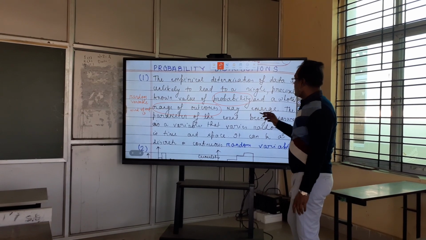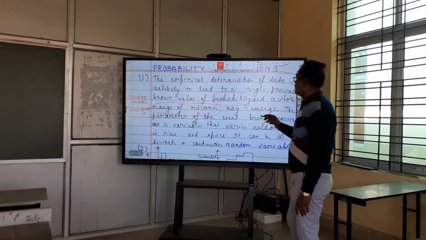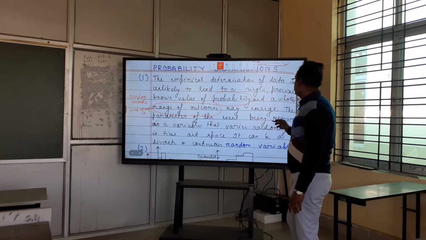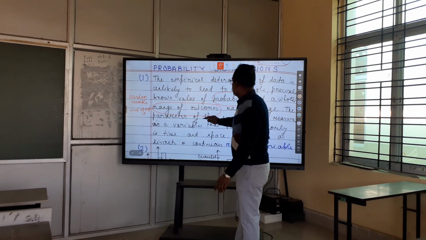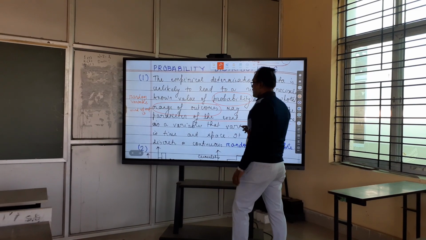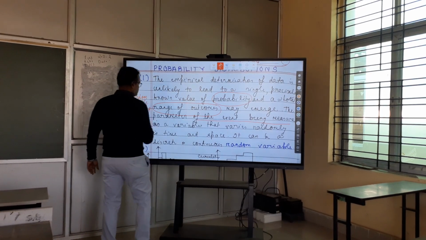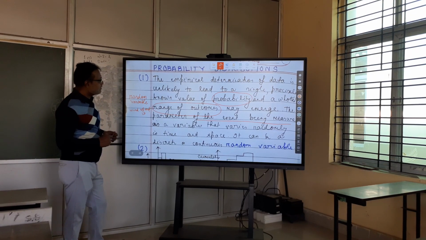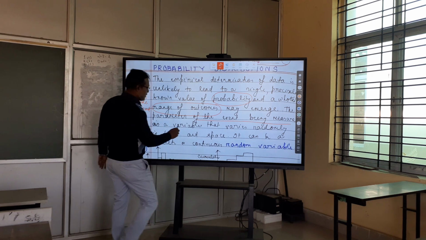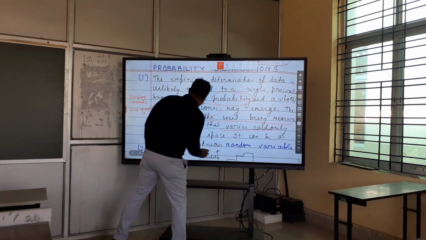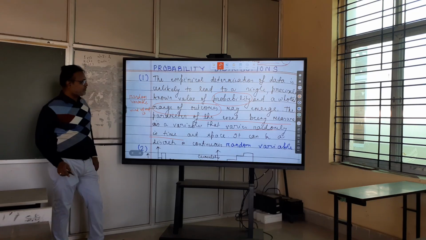Next, the parameter of the event being measured is a variable that varies randomly in time and space.